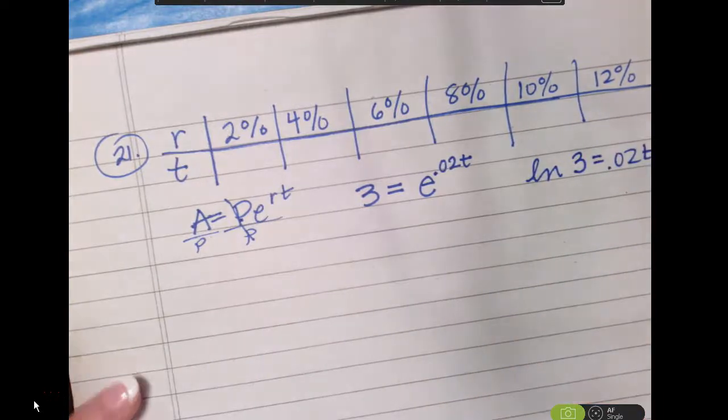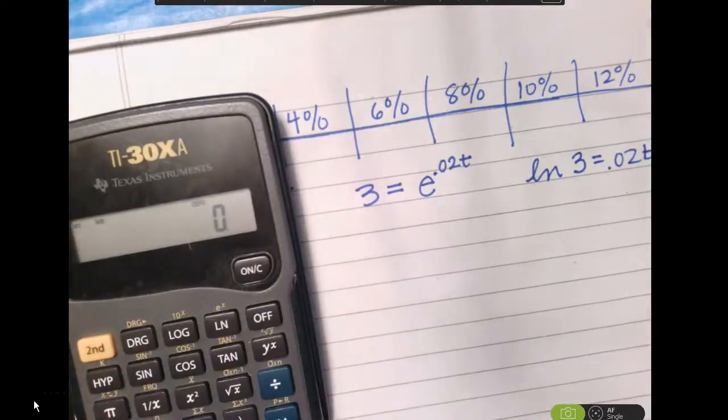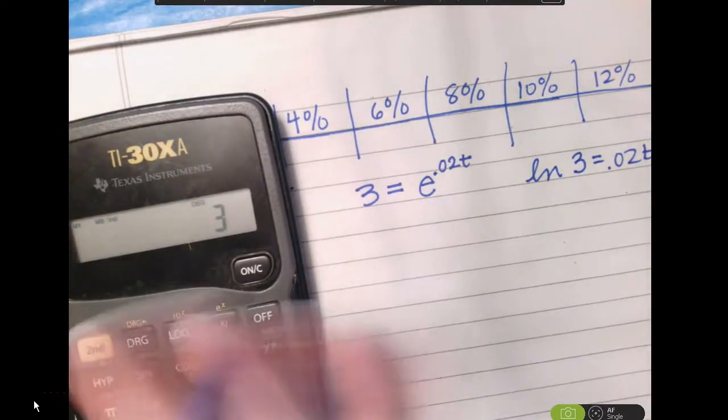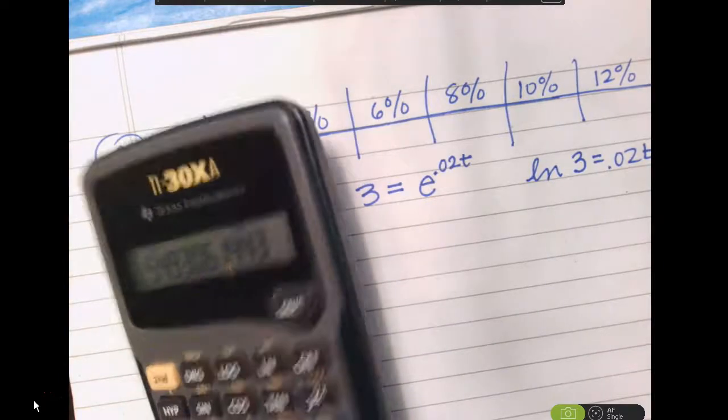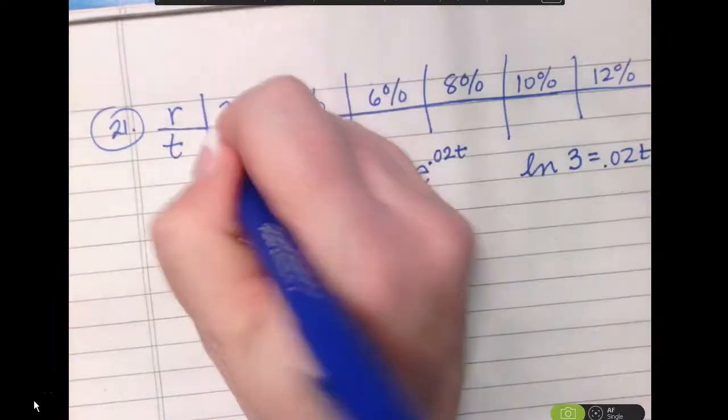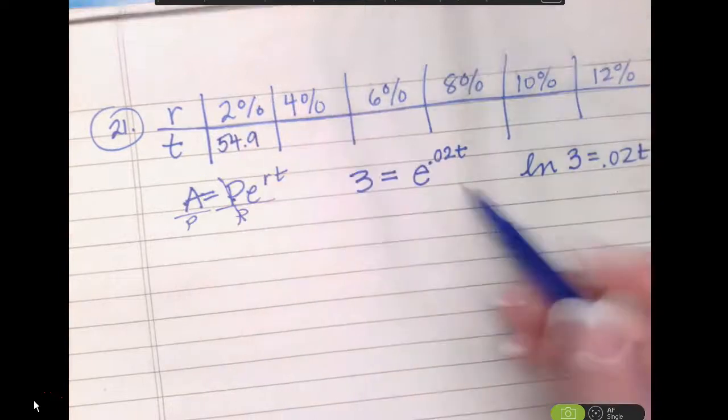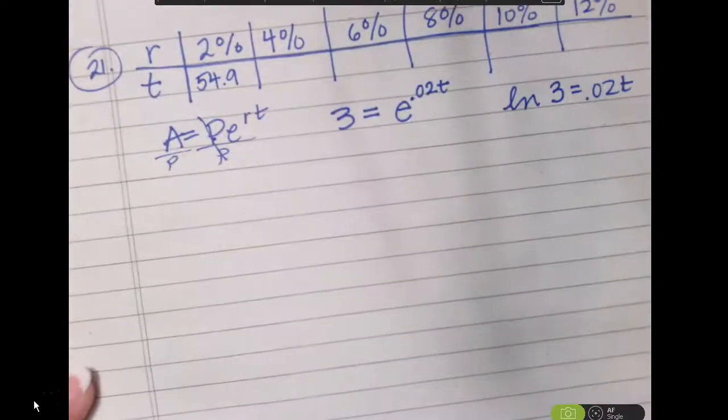So I'm going to take my natural log of 3. No, wait, that was e. Natural log of 3, 1.0986. Divide by 0.02, and I get 54.9 years. So I'm going to set up the equation one more time, and then we're going to see that there's a pattern here.